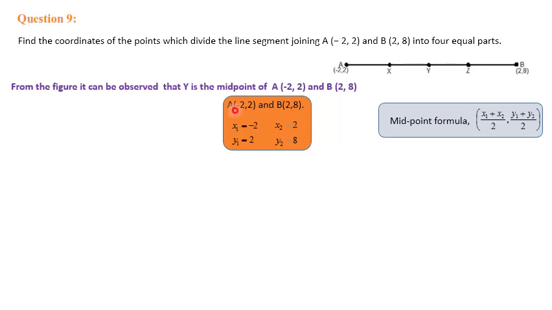Before calculating, let us find x1, x2, y1, y2. The endpoints are A(-2, 2) and B(2, 8). From here x1 is -2, y1 is 2, x2 is 2, y2 is 8.